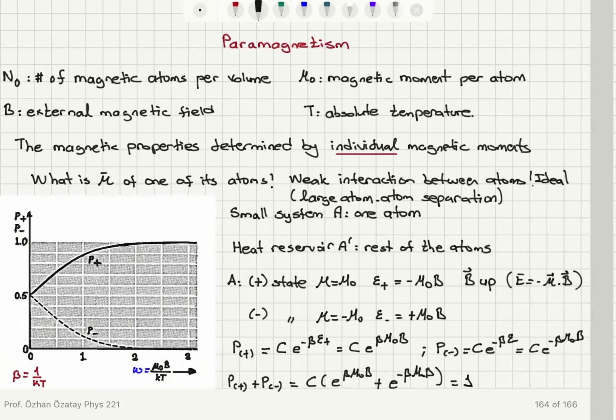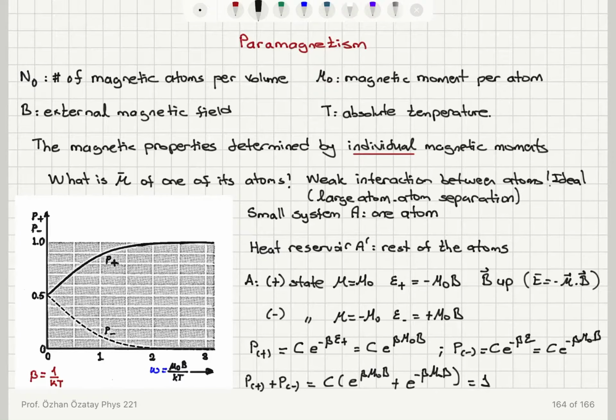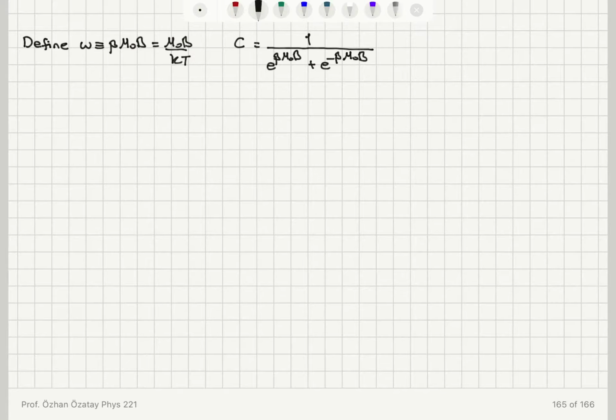Let me check mathematically what I have seen in this plot. If temperature is very large at constant magnetic field, what happens to omega? Omega goes to 0, so in the limit omega is much less than 1.